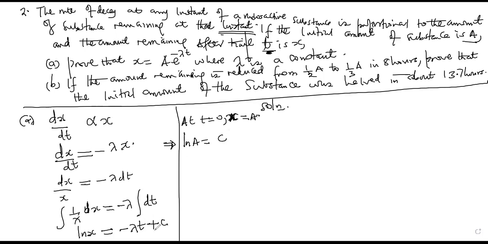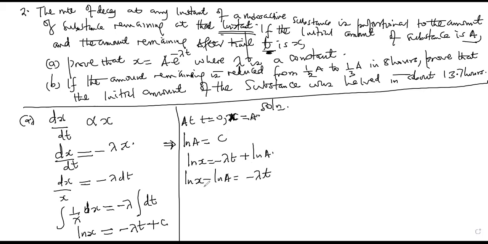Now substitute for the value of c here still, so we shall have ln x equals minus lambda t plus ln A. All right, so if you bring the ln this side, it means that you will have ln x minus ln A equals negative lambda t.